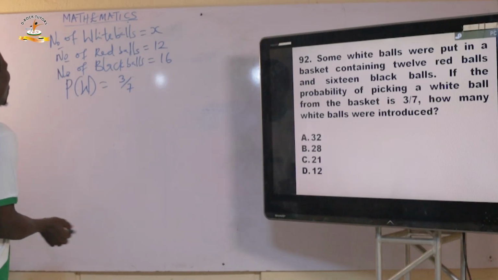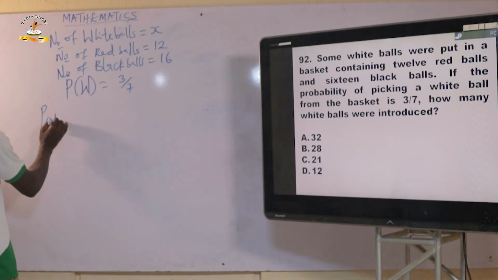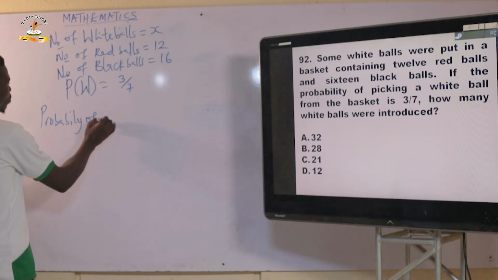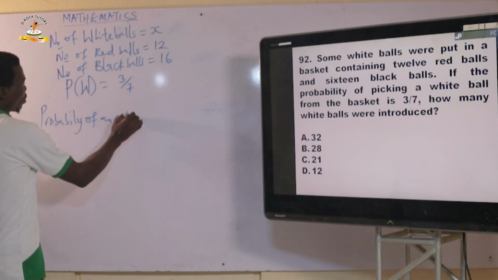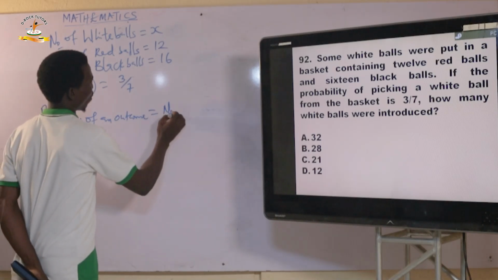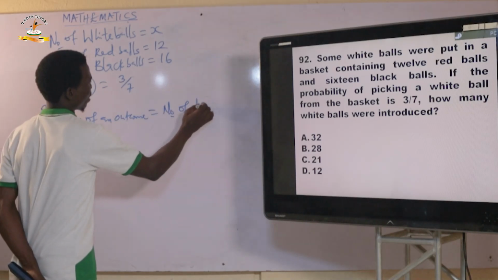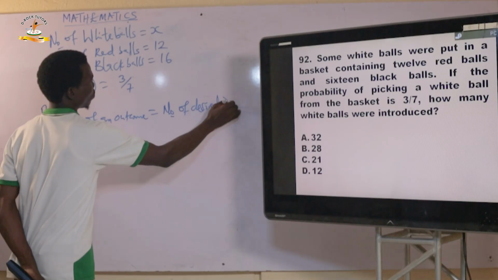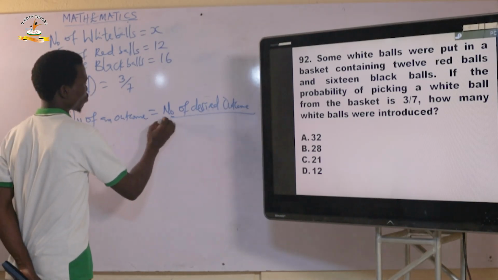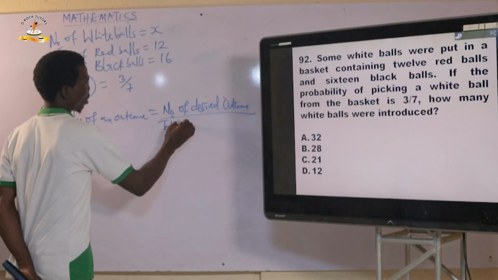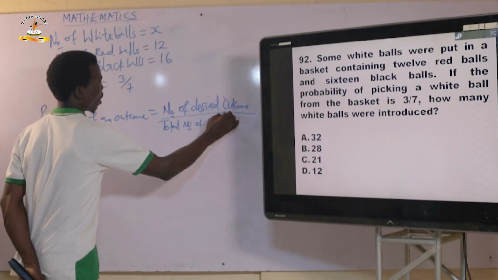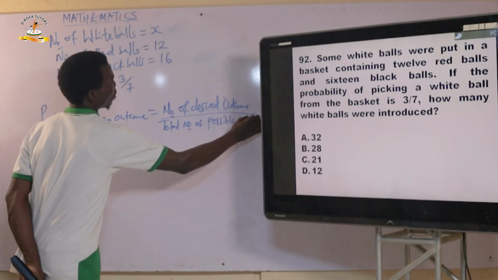So don't forget probability. The formula for the probability of an outcome is given as the number of desired outcomes all over the total number of possible outcomes.